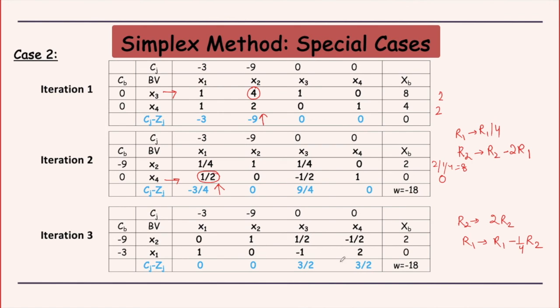So now optimality has been reached, x1 is 0, x2 is 2, and you would say that this is the optimal solution. Also there is one more thing you will notice here, that the value of the objective function is not improving. It was minus 18 here, and it remains minus 18 in the next table also. So this would also be a behavior in the table which you will note whenever you have a degenerate solution.